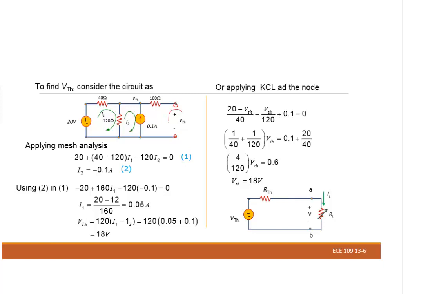We need to find the voltage across A and B. If you look at this circuit, VTH is equal to the voltage at this point, because there is no current going through there. That means whatever voltage you have here, you have the same voltage there too. So if I can find the voltage across the 120 ohm resistor, then I can find VTH.